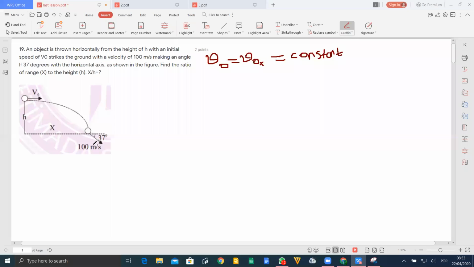So it's a very simple question. In physics, we need to start with the given information. The given information is this value.